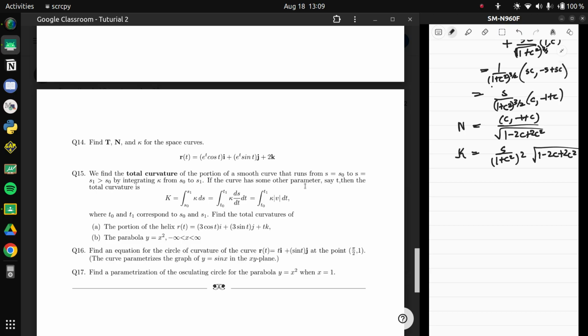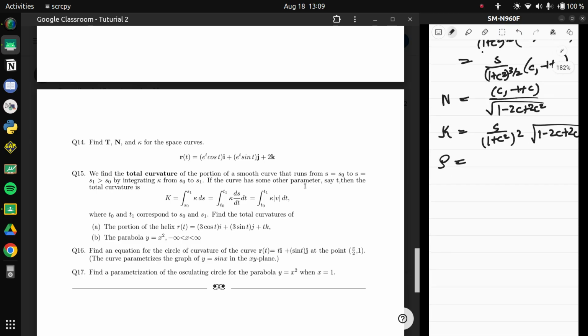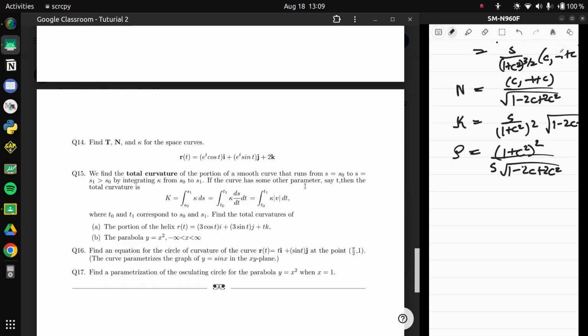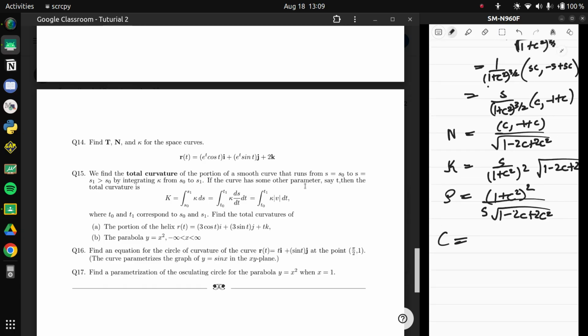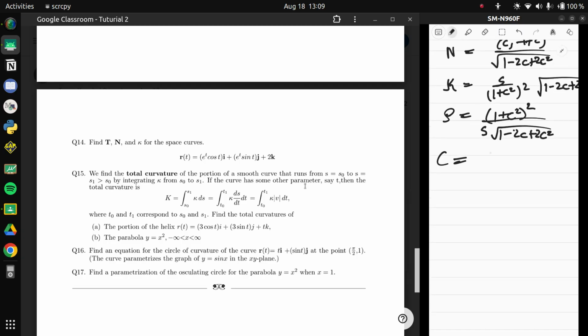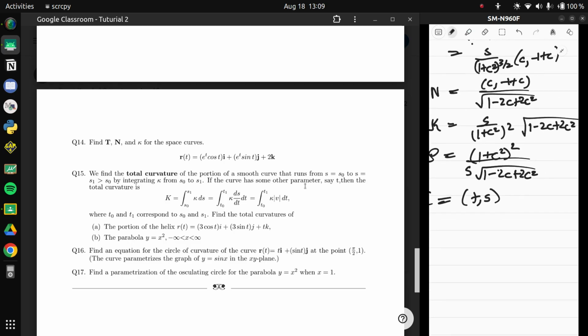So you want the center of curvature. Our rho is just 1 upon this stuff, so it's (1 plus cosine squared) squared upon sine times the square root of 1 minus 2 cosine plus 2 cosine squared. Then the center is whatever point you are on, the point (t, sine t), plus the normal vector times this rho.